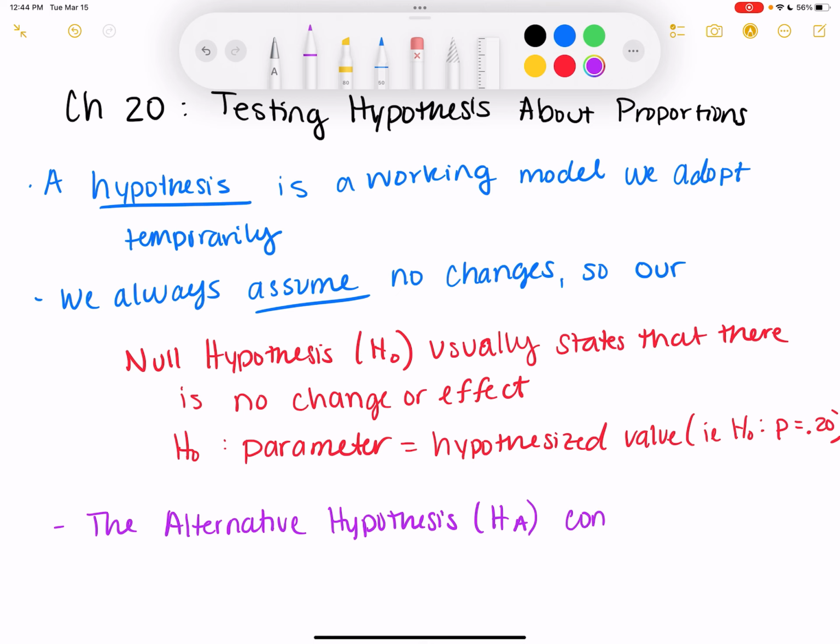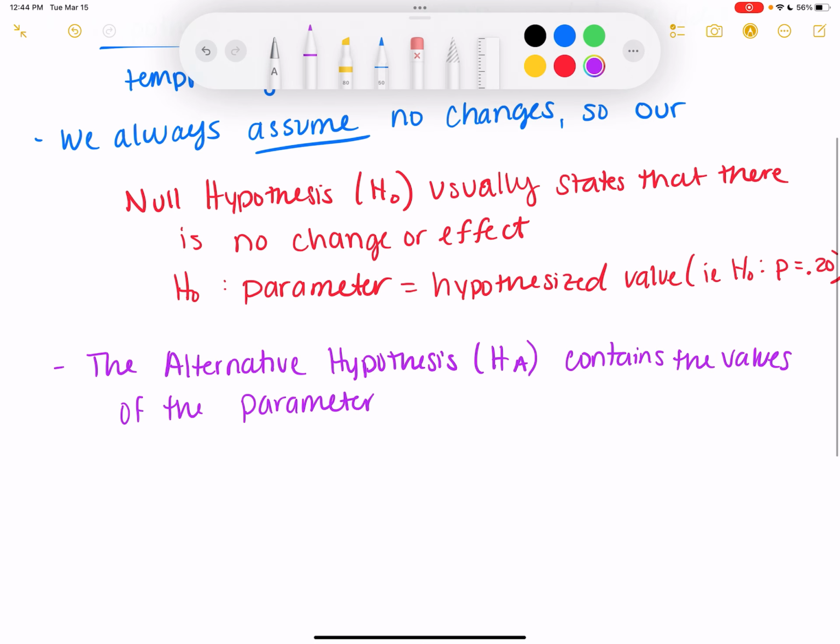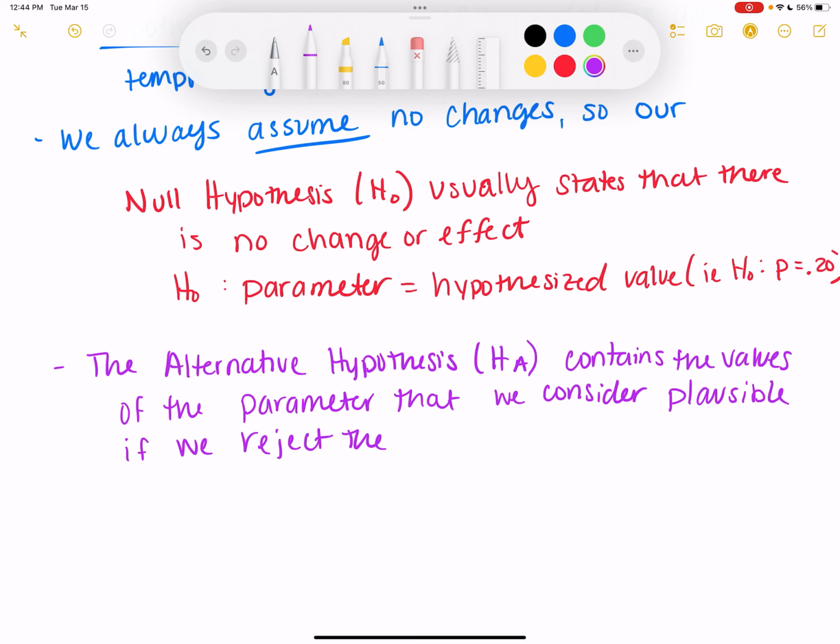contains the values of the parameter that we consider plausible if we reject the null hypothesis.